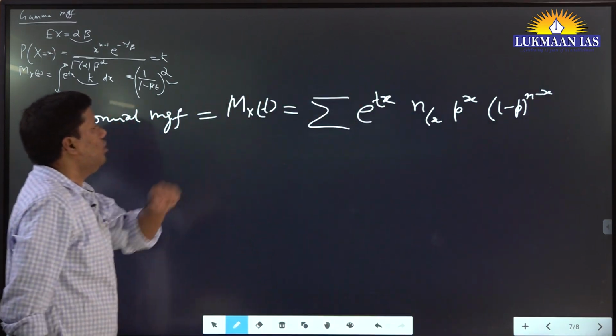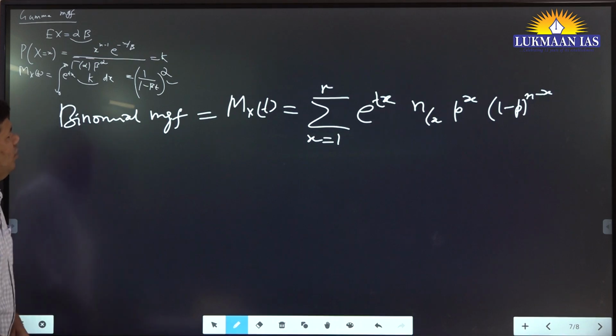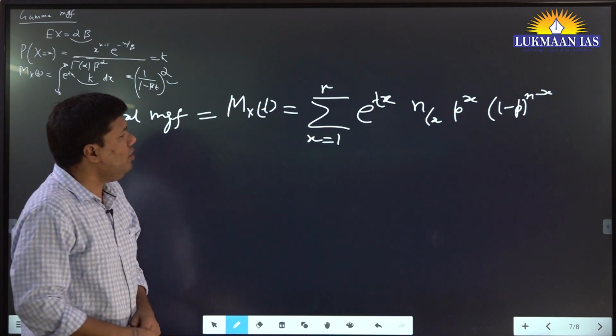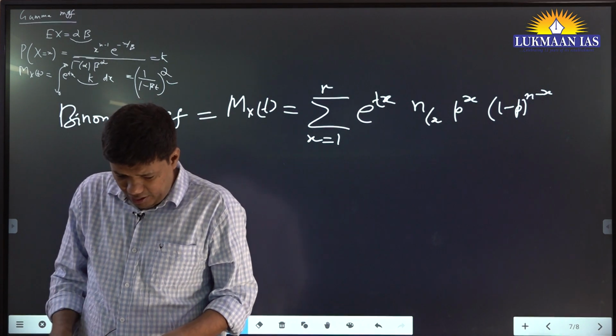Okay, this is what you have to do. And simply you will take x from 0 to n. This will be your summation, and when you do it, what value will you get? You can finally write the answer.